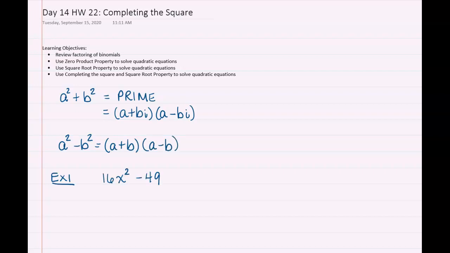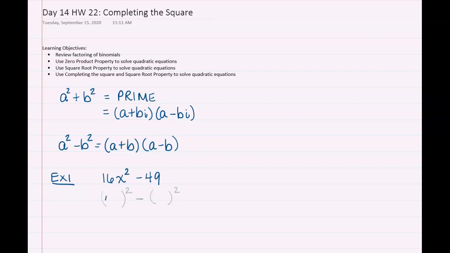So now let's do an example of factoring difference of squares. Let's say we have 16x squared minus 49. Well, what we do know is that we could imagine this 16x squared as something squared and that 49 as something squared as well. So we can do that.